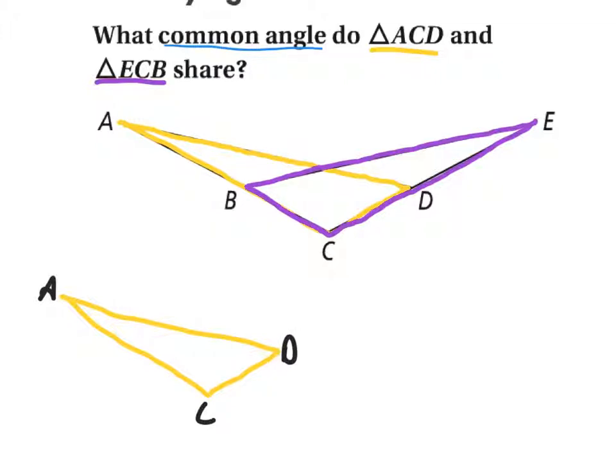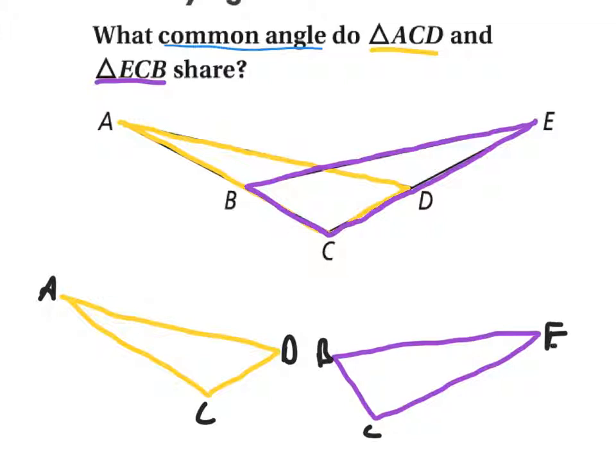And then we have the purple triangle. So we are asking ourselves, what's the common angle between these two triangles? I know it's an angle because that's what they're asking us for.